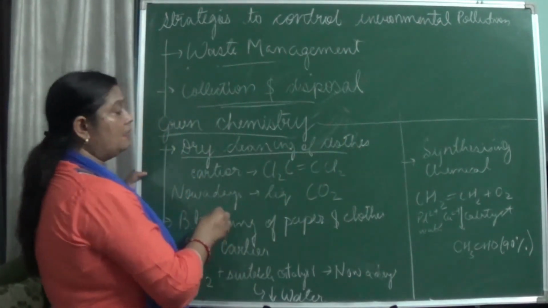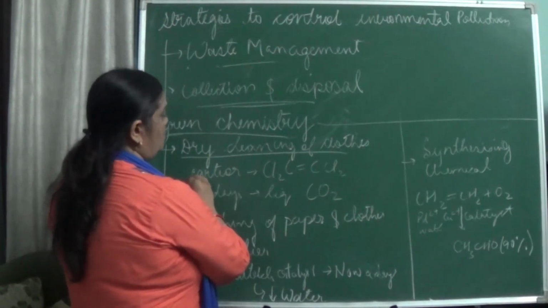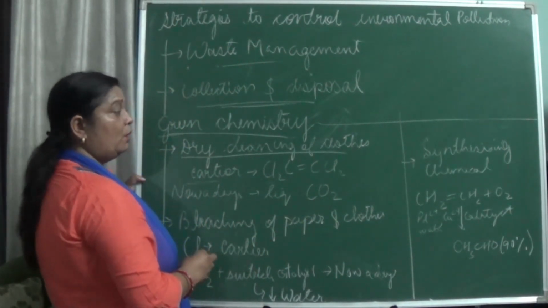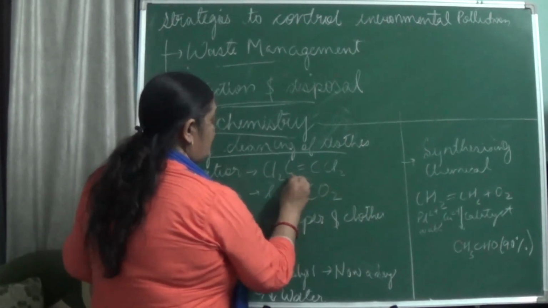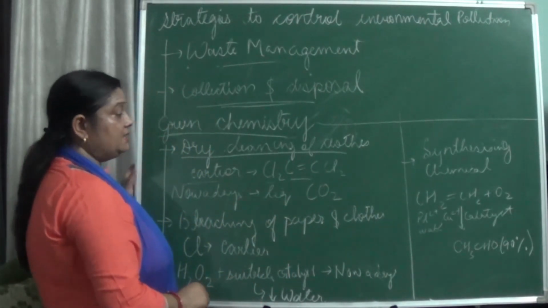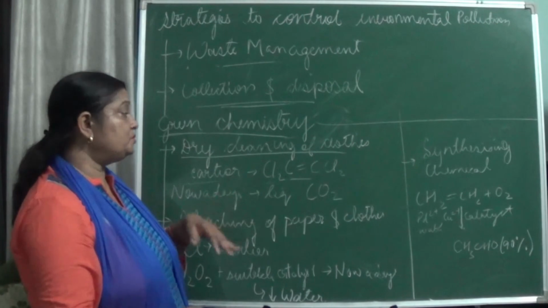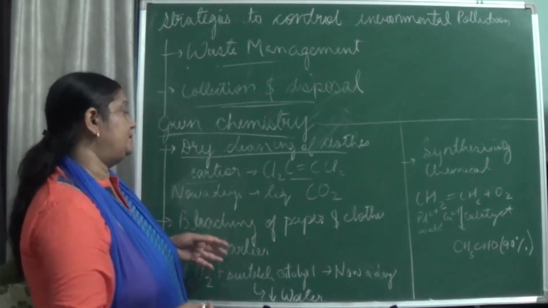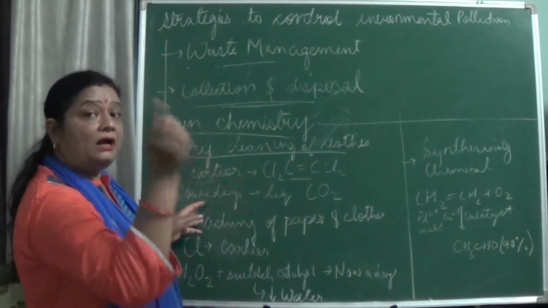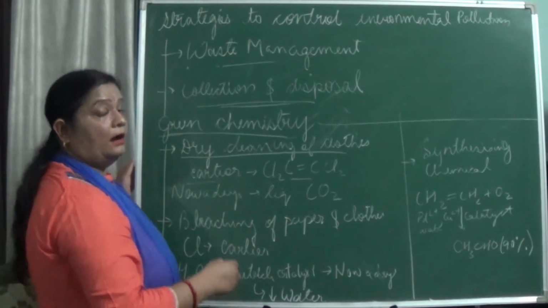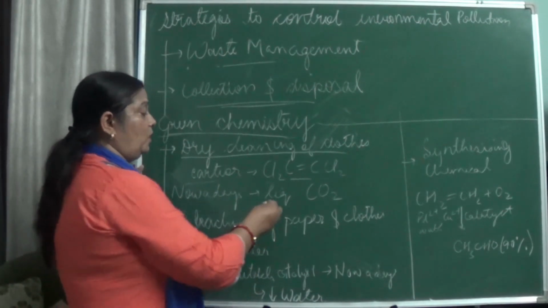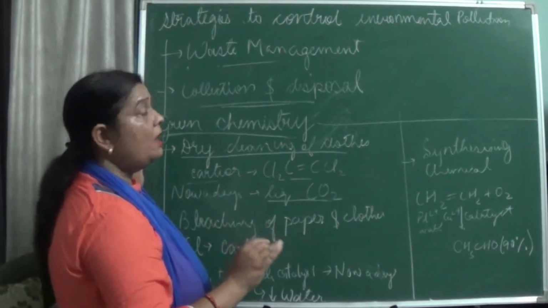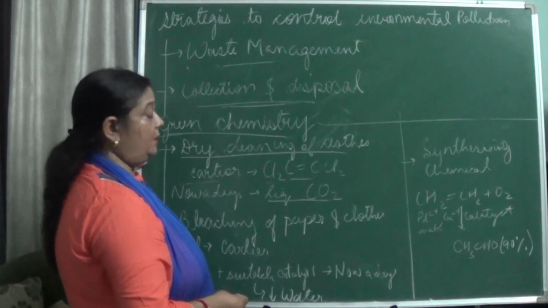Earlier, in dry cleaning of clothes, Cl2C=CCl2 was used. This compound is harmful because it used to release a number of chemicals which polluted the environment. Nowadays an alternative has been found, and that is liquid carbon dioxide. This liquid carbon dioxide doesn't cause much harm to the environment.